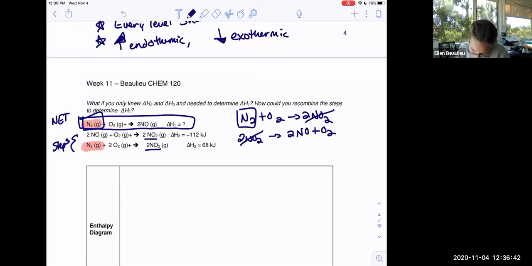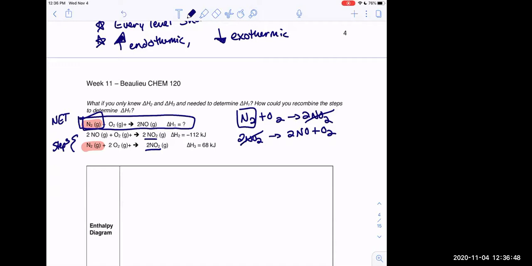What did I transfer wrong? Did I do a copy and paste error? Yeah, I think the first one, it's 2 NO, not 2 NO2. The first product. Sorry, to make it clearer. Unless you were going all the way across.